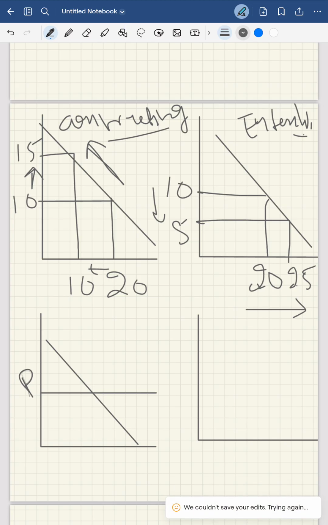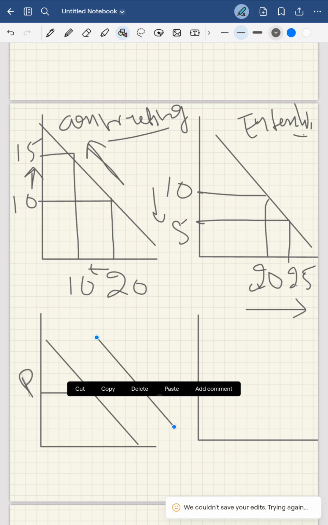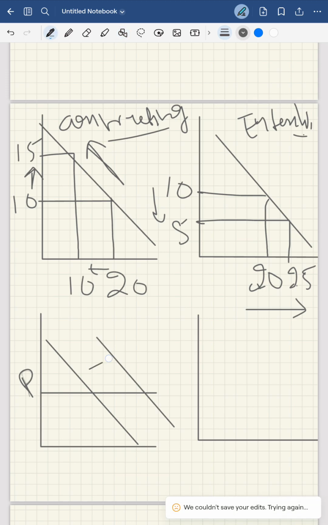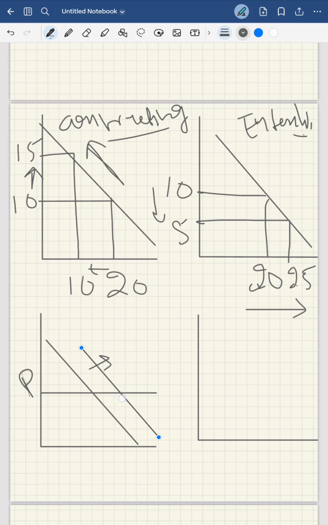So we start to consume more. It means that our demand curve will shift at the same price and move rightward. When there is an increase in income, it will move rightward. When there is a decrease in income, it will move leftward at the same level of price.